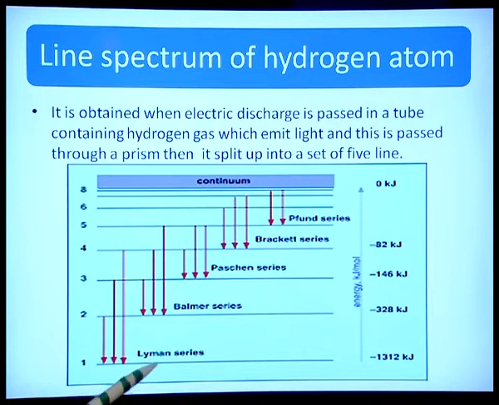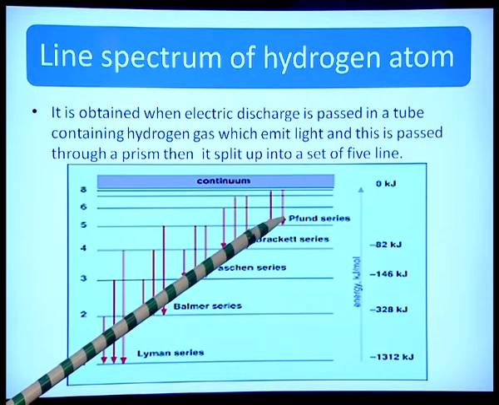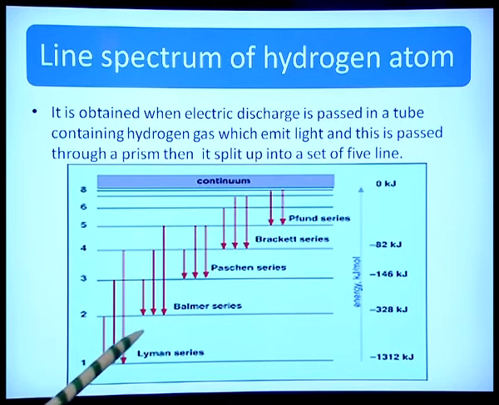These lines are the Lyman series, Balmer series, Paschen series, Brackett series, Pfund series. You can see how we are getting these lines of the spectrum. When we jump from the second energy level to the first, third energy level to first, fourth energy level to first, that is, if we are jumping from a higher energy level to the first energy level, we get the Lyman series.